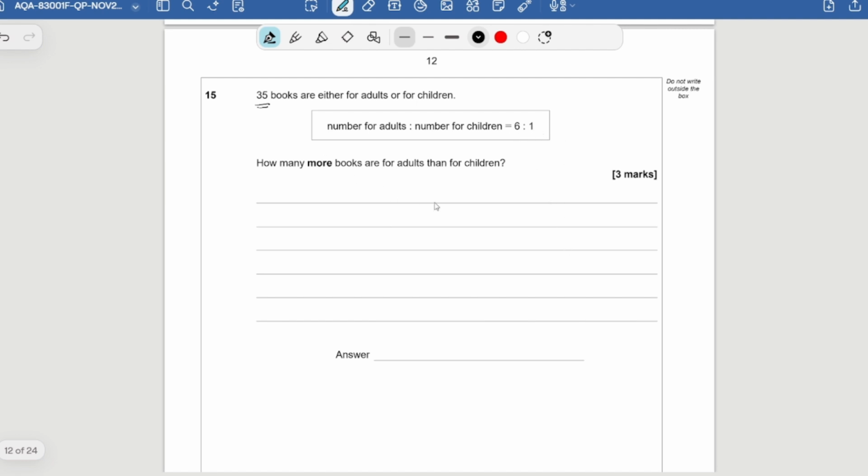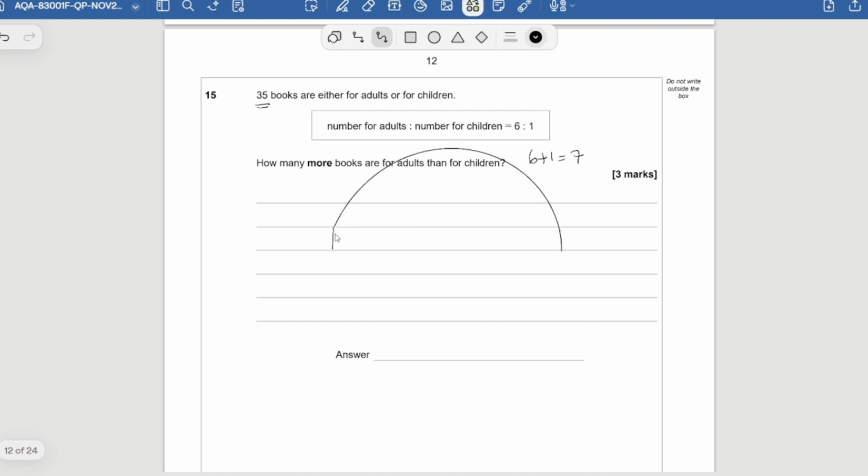So we have got the total is 35 and it has to be divided among them in 7 parts because 6 plus 1 is 7. So dividing 35 into 7 parts, it's like saying if I've got a big box here, sorry. So this box has to be divided into 7 equal parts.